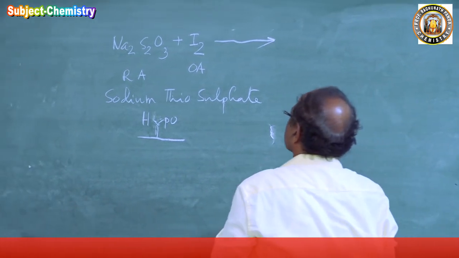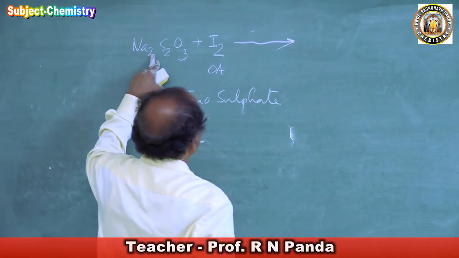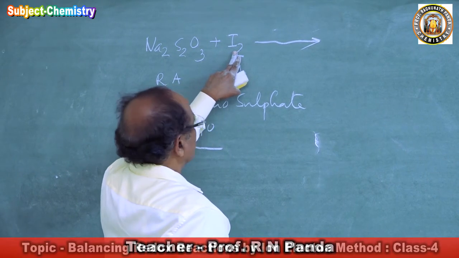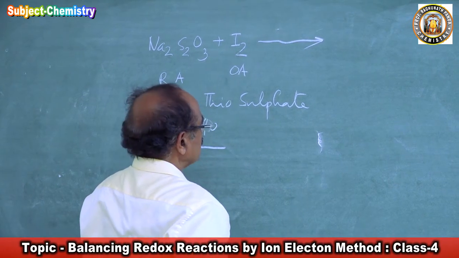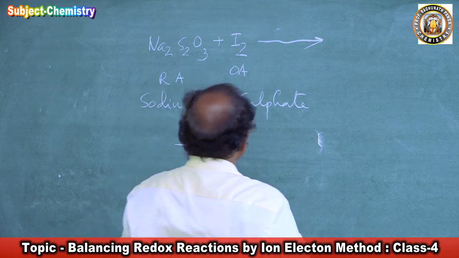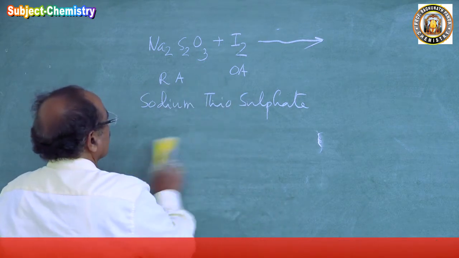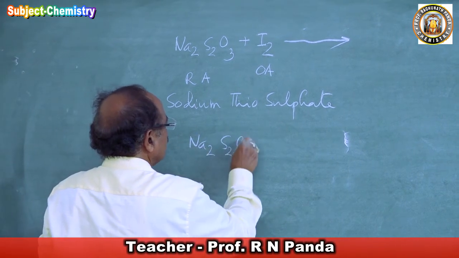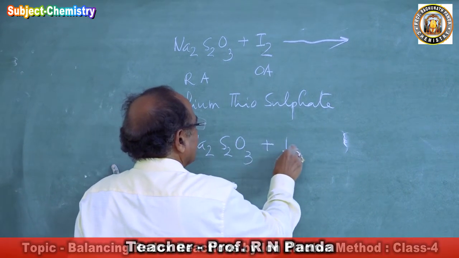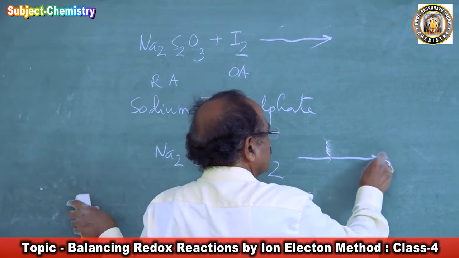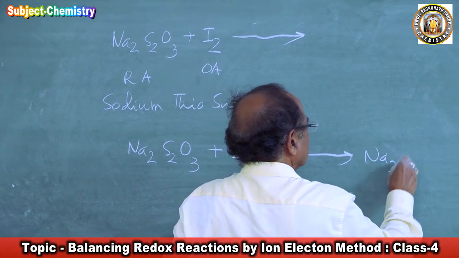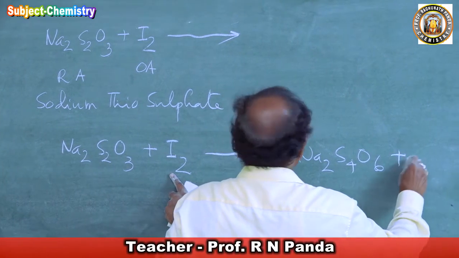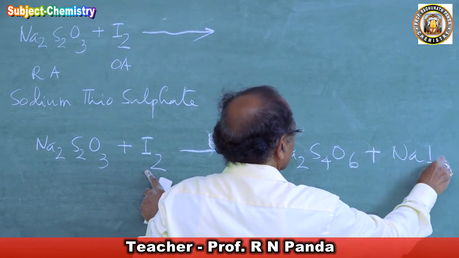So sodium thiosulphate will be oxidized by iodine to sodium tetrathionate. If you write the equation, Na2S2O3 plus iodine will form Na2S4O6 plus sodium iodide.